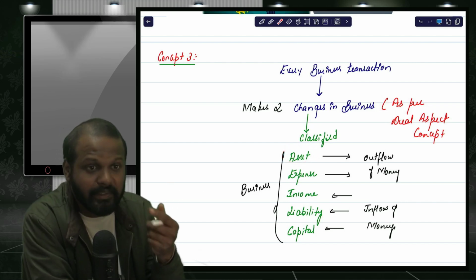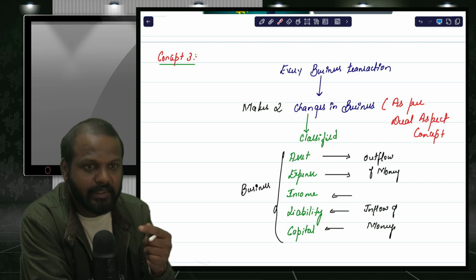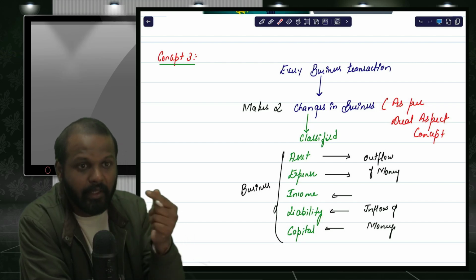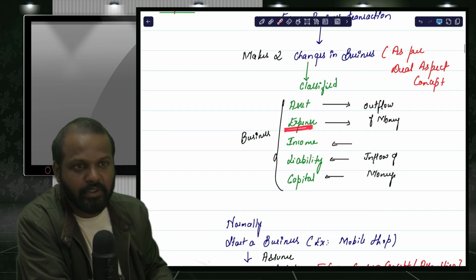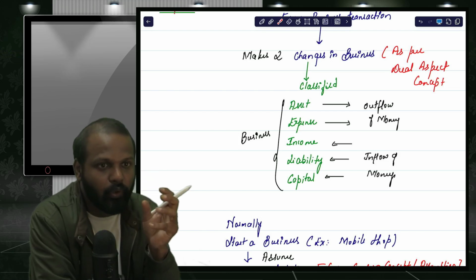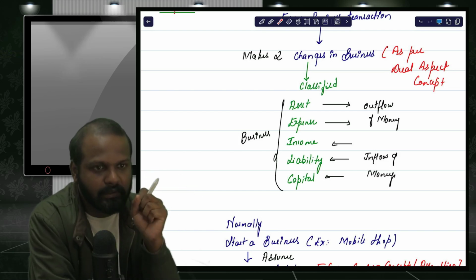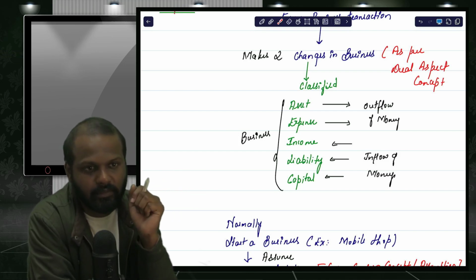Whenever any business transaction happens, assets of your business may change, increase or decrease, or expenses of your business may change, or incomes, liabilities, or capital of your business will increase or decrease.